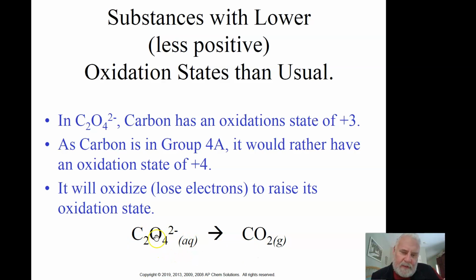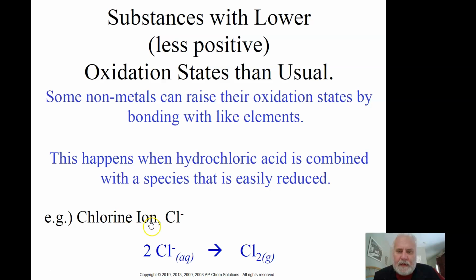The carbon here, let's see, that's -8, so you'll need +3, and then that goes to a +4. So this is an oxidation, to raise its oxidation state. All right, and it changes up to a +4. Okay, so that's all explained in that layout right there too.